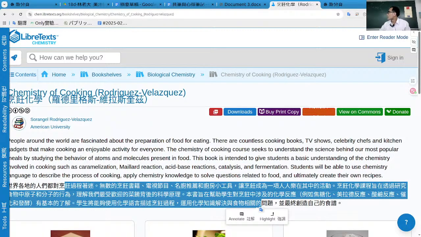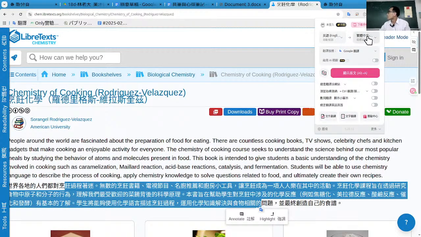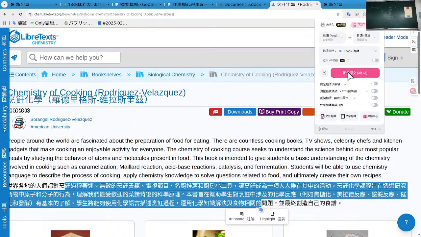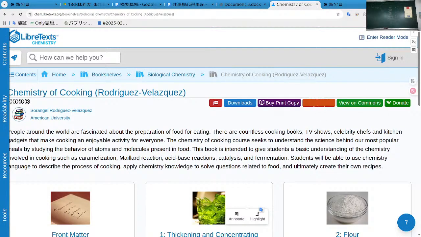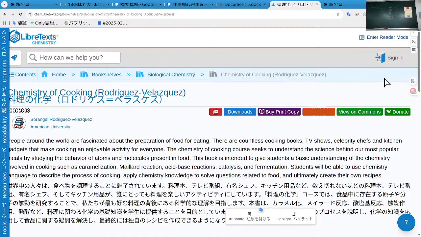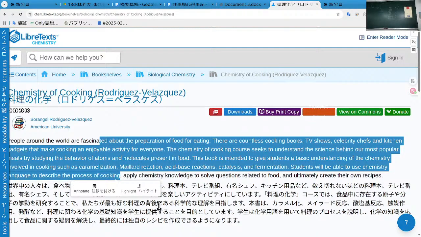If I select the language, for example Japanese, click here and do a translation. Yep, one paragraph in English and one paragraph in the target language.